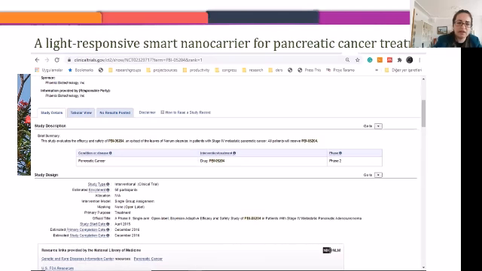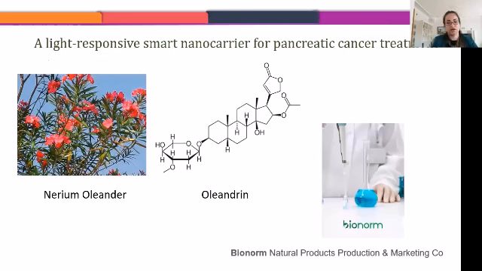I guess last year there was a report that it has a potential to treat some types of pancreatic cancer. So from there, Bionorm and our colleagues at the Izmir High Technology Institute asked us if we can find a nanocarrier for that, because oleander is a toxic molecule.